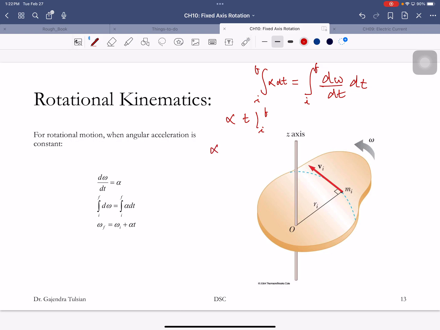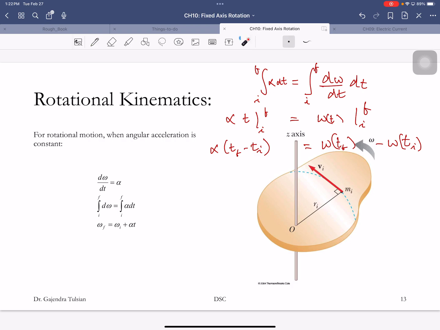The left-hand side is t final minus t initial. And the right-hand side, you know from the fundamental theorem of calculus that the integral undoes the derivative. It's omega from t initial to final, which is omega at t final minus omega at t initial.